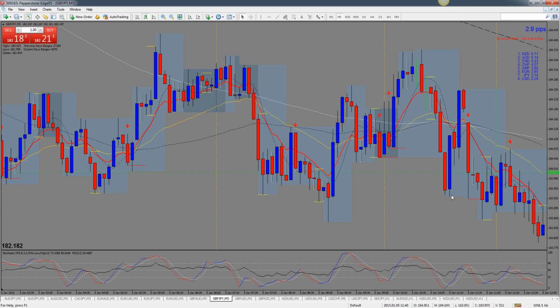Or it would be the next big number, because I did explain yesterday that big numbers are very, very powerful. So big numbers are zeros, 50s, 25s, and 75s. Okay, zeros and 50s.